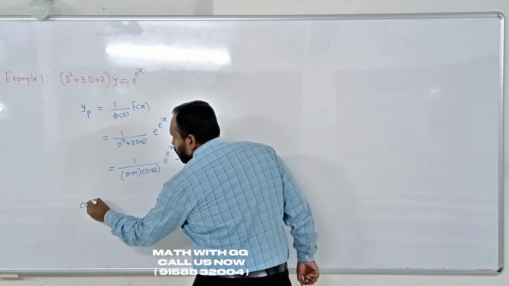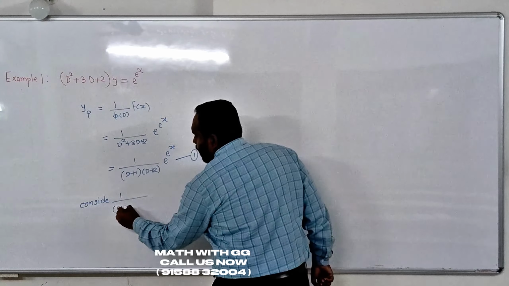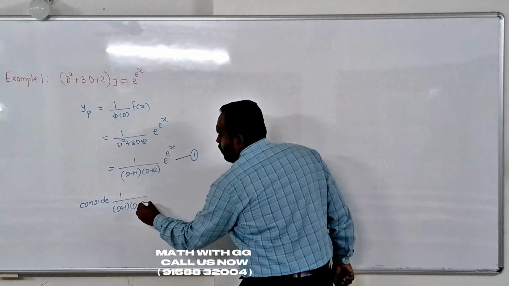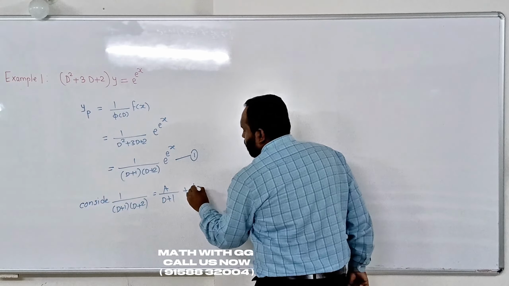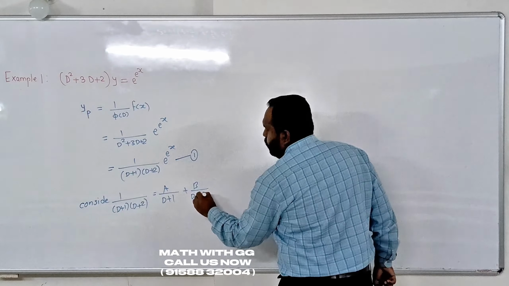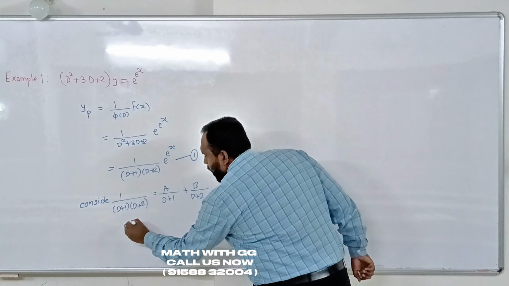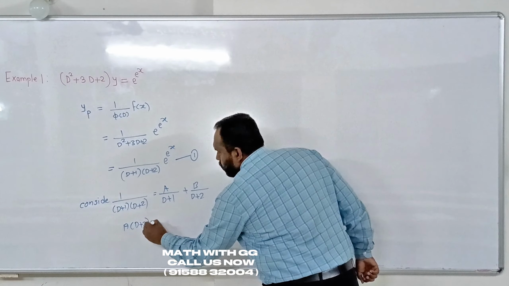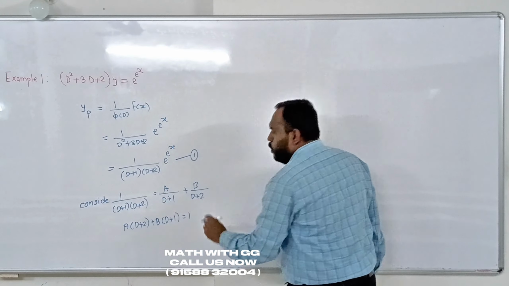Consider 1 upon (D plus 1)(D plus 2) is equal to a upon D plus 1 plus b upon D plus 2. Cross multiplying and cancelling the denominator, we get a into D plus 2 plus b into D plus 1 equal to 1.